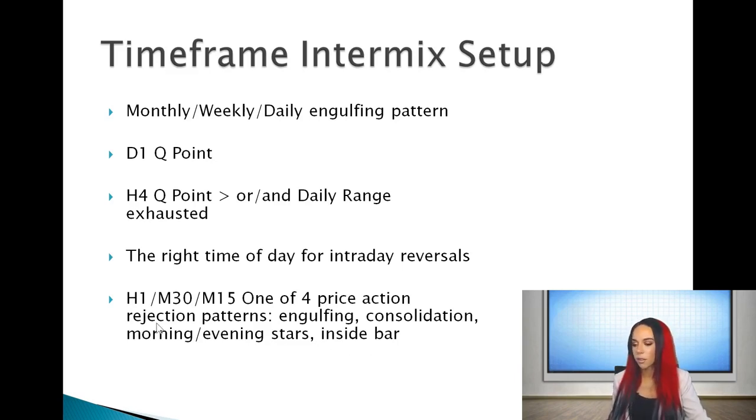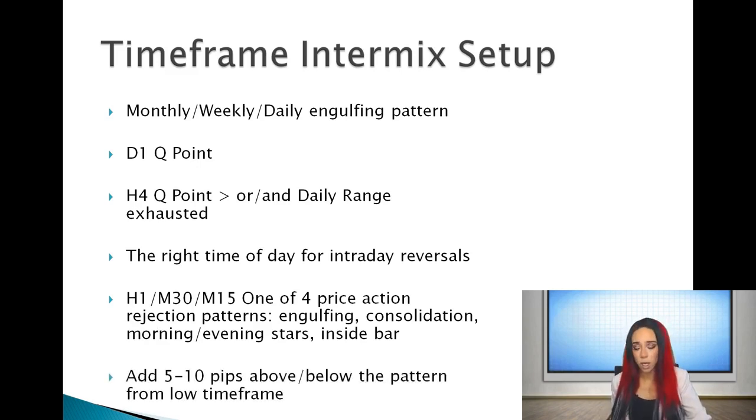Now, once you've identified all of these conditions, you would then go into a trade, but you would need to add anywhere from 5 to about 10 pips to the stop loss based on your low time frame pattern. Additionally, the pattern needs to close outside of the 4-hour Q point at the very least.